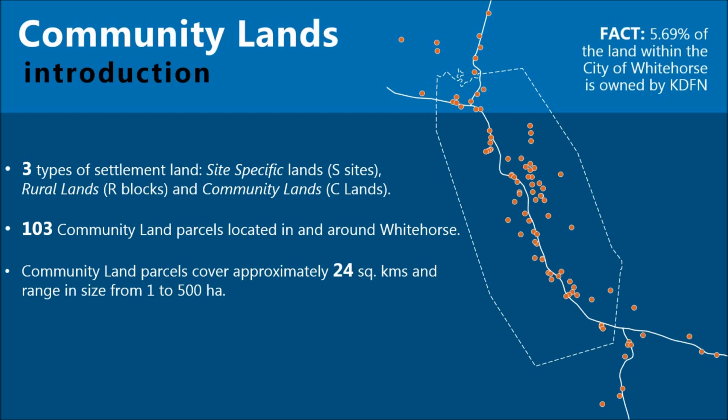So, as an interesting fact for people to know, almost 6% of the land within the city of Whitehorse is owned by Kwalendon, and Kwalendon is currently the largest private landholder of land within the city.